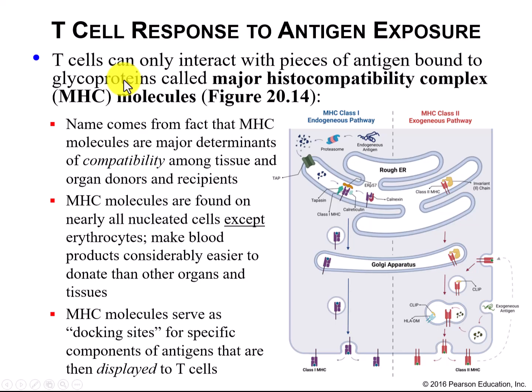And so these antigens that we have been talking about are presented via our major histocompatibility complexes. So antigens bound to glycoproteins, called the major histocompatibility complexes, are presented on cell surfaces to our immune system, and that will enable our immune system to become active.